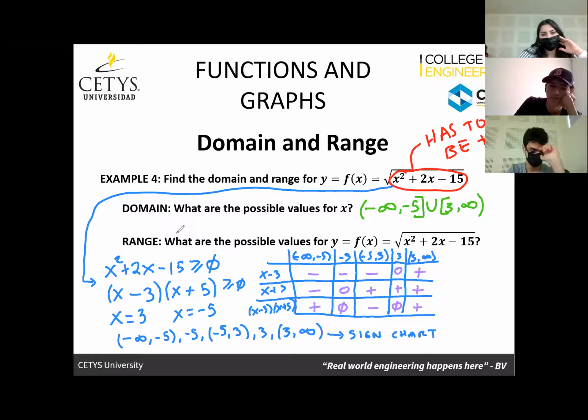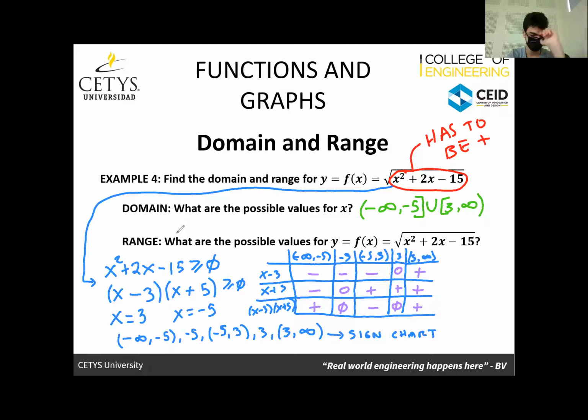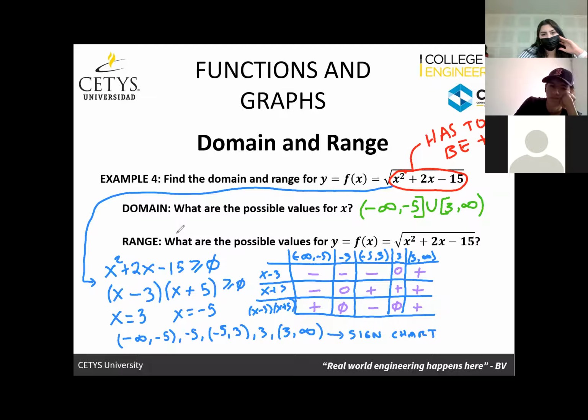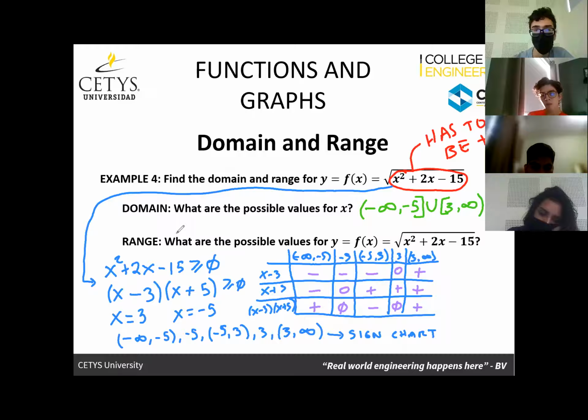Let's see. Andres, you there? Yes, teacher. Okay, perfect, Andres. First off, questions with this first part? Was it relatively clear what we did? Yeah, I understand. Okay, perfect. Now, if we understood that, let's look at the range, which starts to be a little bit tricky.